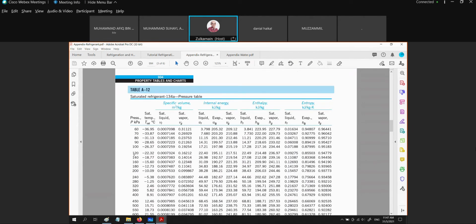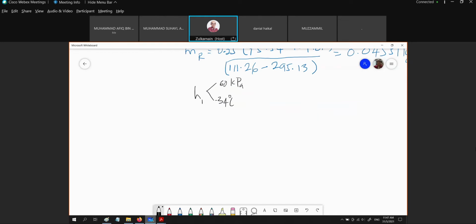This is 60 kPa, T sat is minus 36.95 degrees C. So T1 is greater than the T sat.